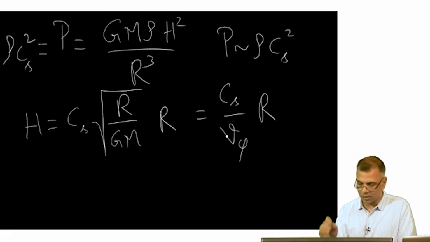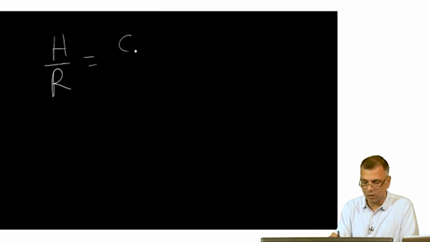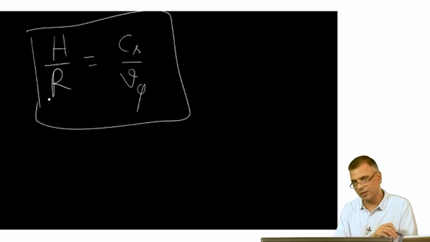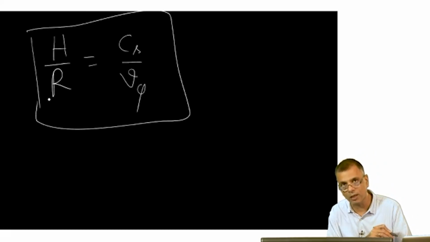In other words, h over r is nothing but cs over v phi, and this is such an important relation that I will write it on a separate slide. In other words, h over r is equal to cs over v phi. This is a measure of how thin the disk is, the quantity h over r.